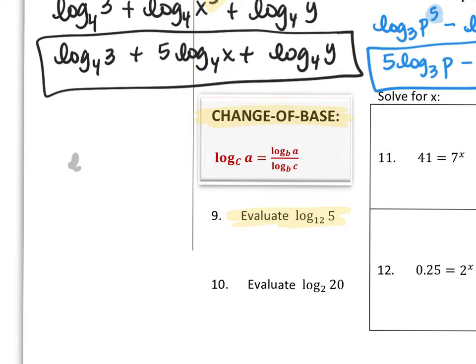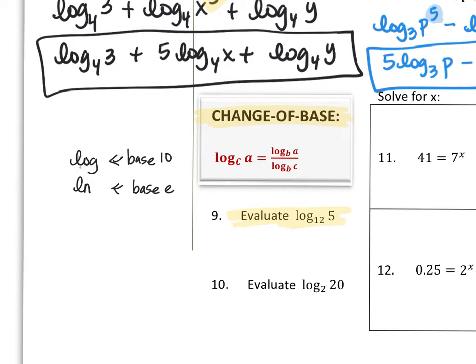You have 2 buttons. You have log, and then you have ln. This one is base 10, this one is base e.